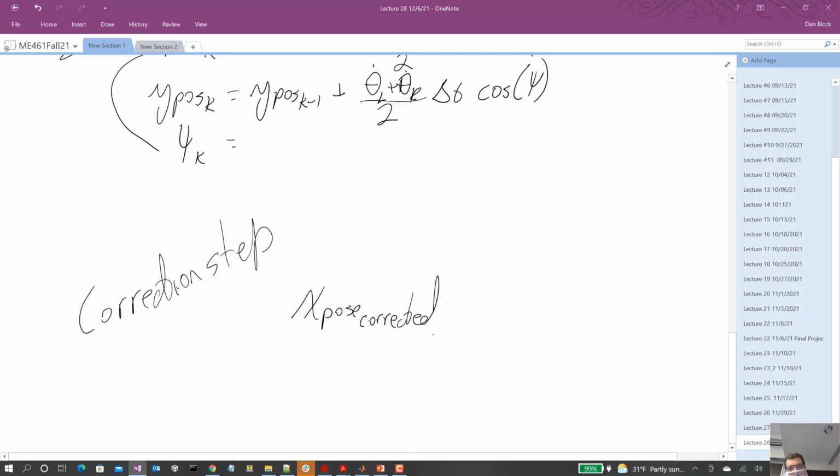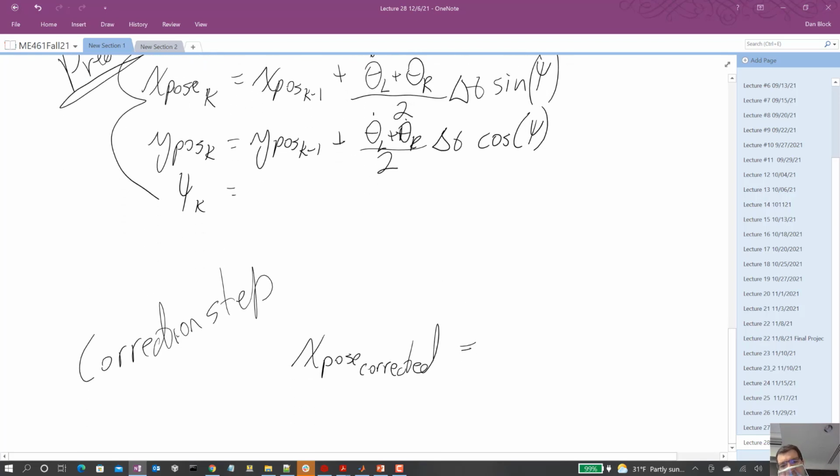Just to not worry about the subscripts, the k plus 1s and k's and all that gets a little confusing. But my X pose corrected is equal to my prediction, X pose prediction, plus here comes that K, our Kalman gain.